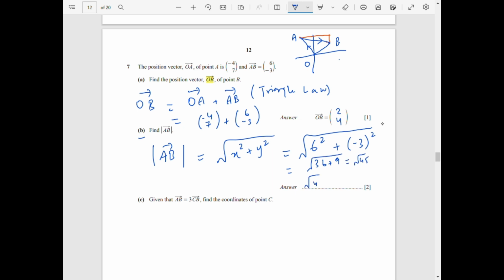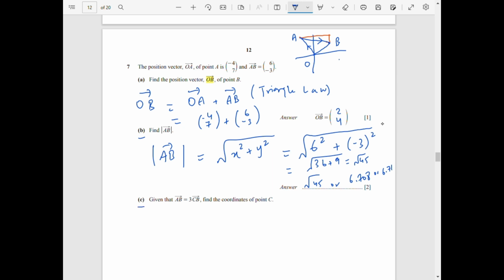You can leave your answer here, or you can find it in decimals, and that should give you 6.708, right? Definitely to 3 SF you should write 6.71.